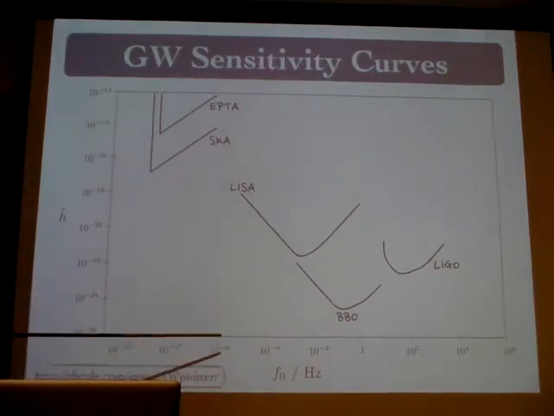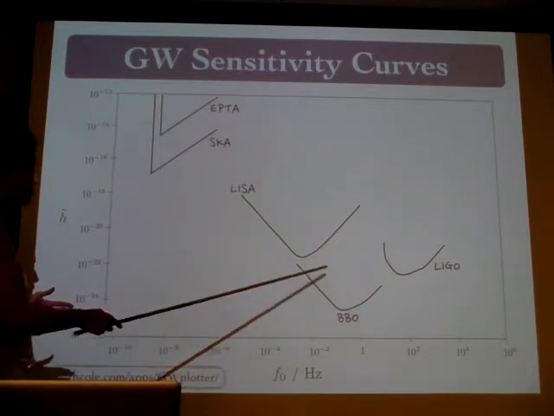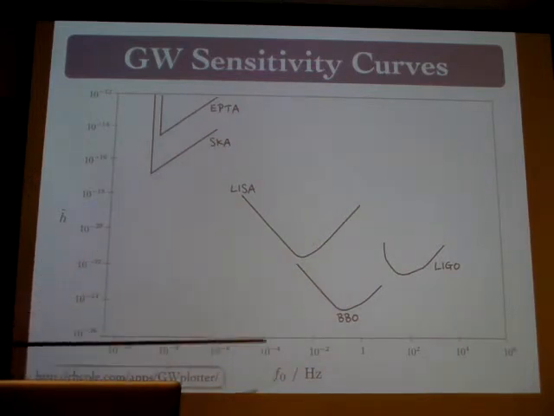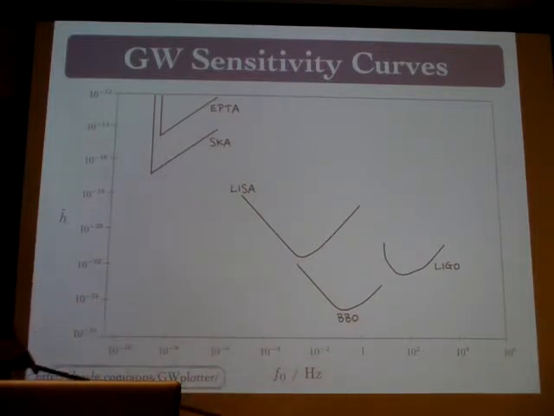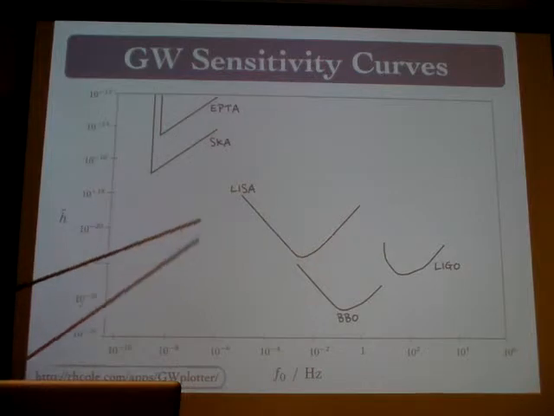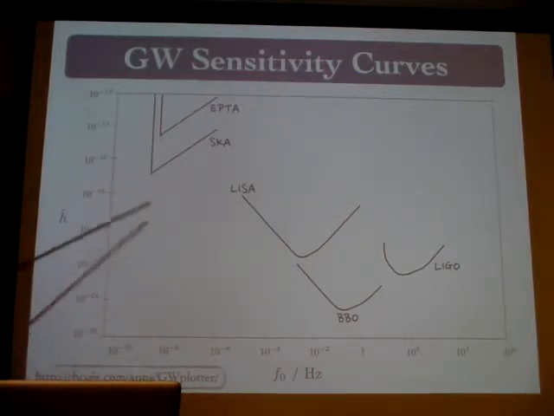Then there is this Big Bang Observer project, which is very long in the future, but hopefully it will be covering the frequency range in between. And then in the very low frequency regime, we have the pulsar timing array observatories. Both the EPTA, which is already operating, and SKA, which is an upcoming project.